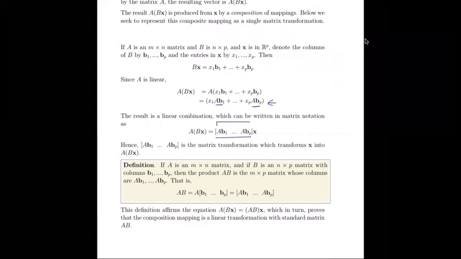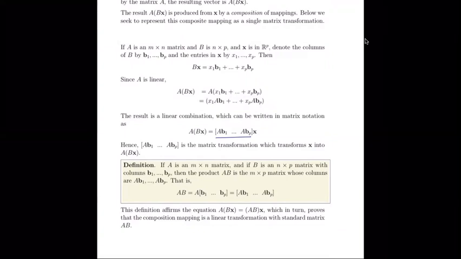It consists of the columns Ab1, which is the product of the matrix A times column b1 from matrix B, all the way through the pth column, which is A times bp, which is the matrix A times the column bp from the matrix B. And it builds a new matrix, and that's thanks to this linear combination statement right here.